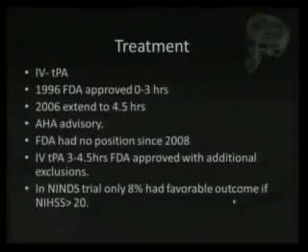And the treatment, the first treatment that we had, was intravenous TPA, alteplase. And that was approved in 1996 to be used within 3 hours of the onset of the acute stroke symptoms. 10 years later, that window was extended to up to 4.5 hours, but there's some differences here.